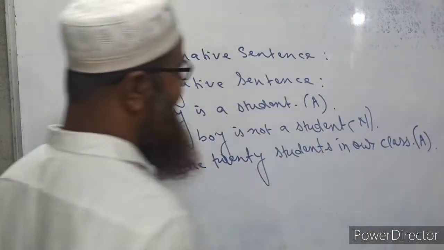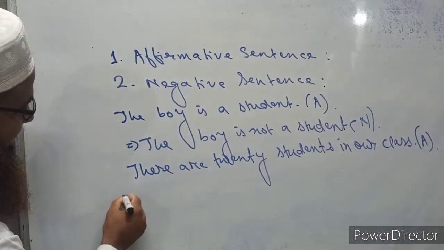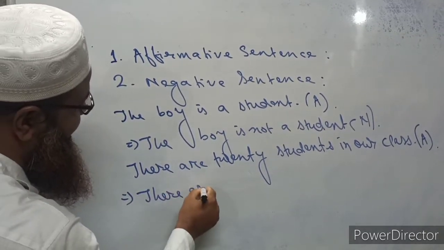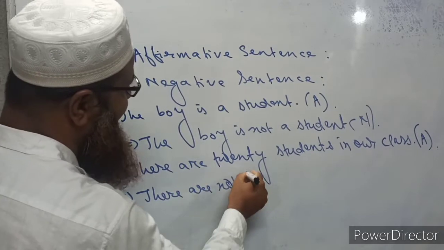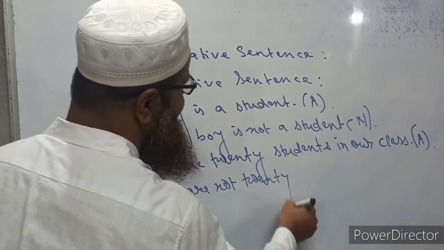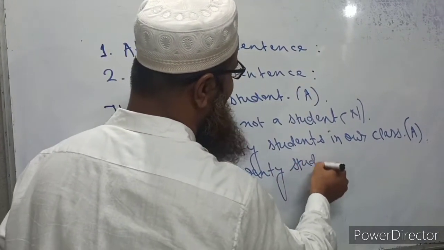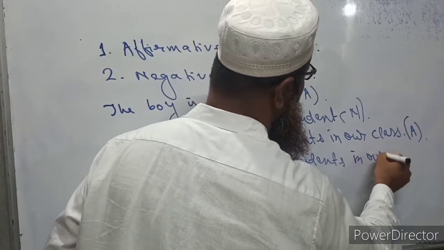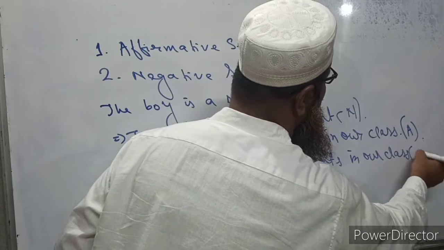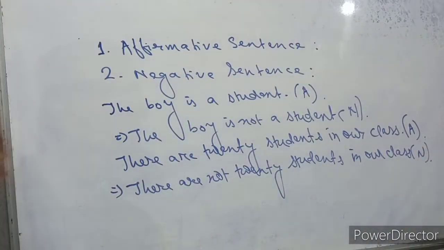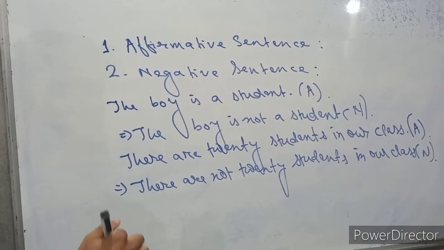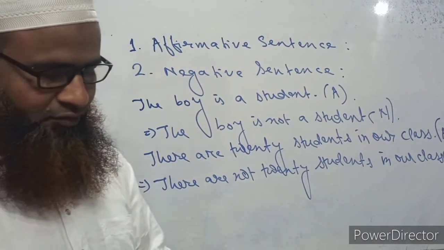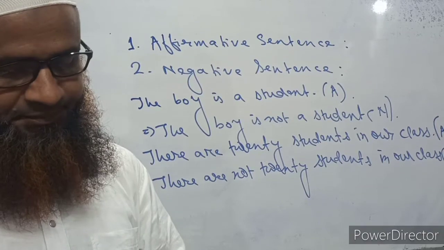So if we want to make it negative, we'll write, there are not 20 students in our class. So here I am telling you an important thing, that we can add not with all the auxiliaries.